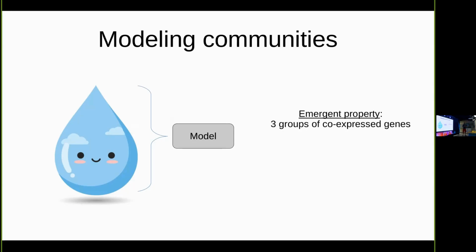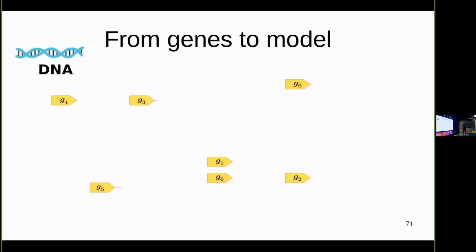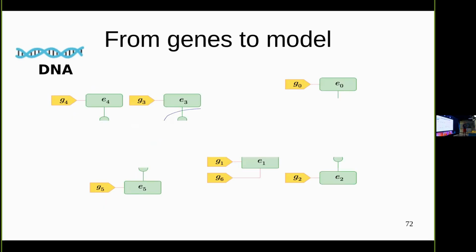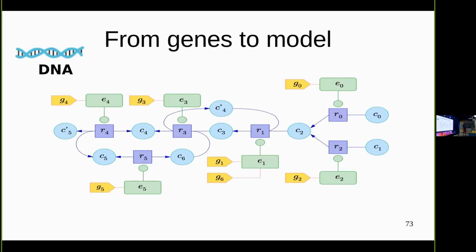And what I used is called a genome scale model. The idea here is you have the gene, you have the DNA, you know that this gene is encoding for an enzyme, and you know that this enzyme is catalyzing a reaction. And that's the whole process here. It's reconstructing what we call a metabolic network.